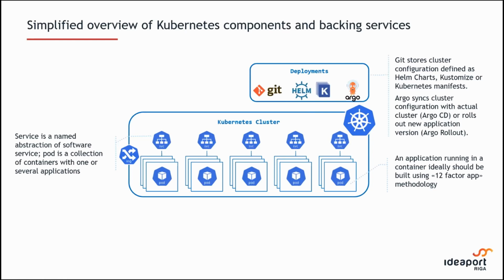You just, in some declarative way, specify what you want to be inside your Kubernetes cluster. And that also means that all your configurations will be stored in some version control system like Git. Immediately you will get all the version history of changes that were done inside your clusters, and it will also make sure that your cluster is always in sync with the configurations that are stored inside Git.